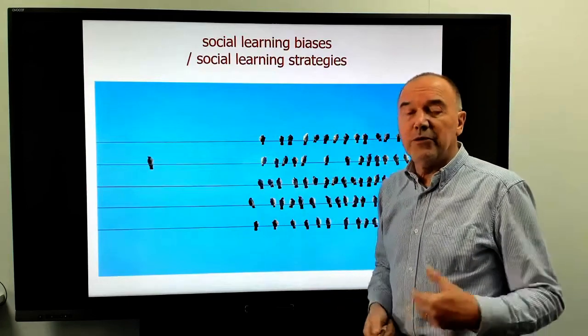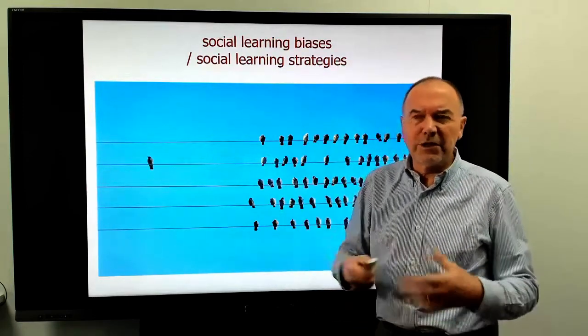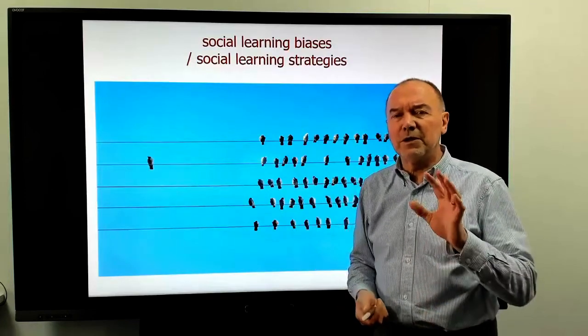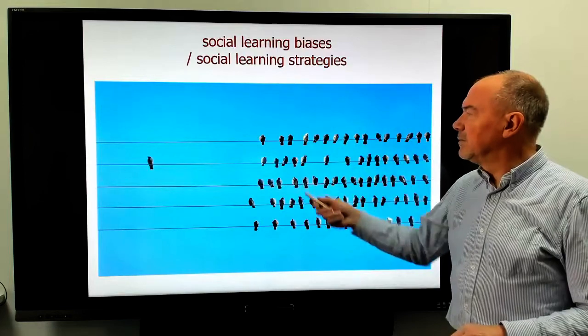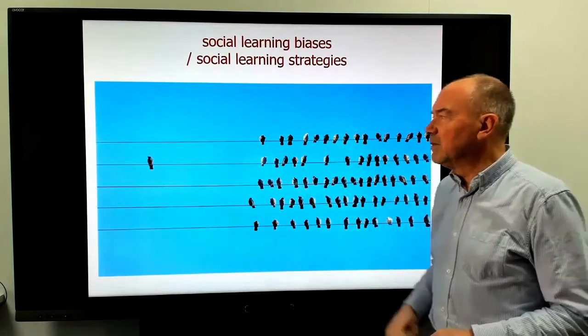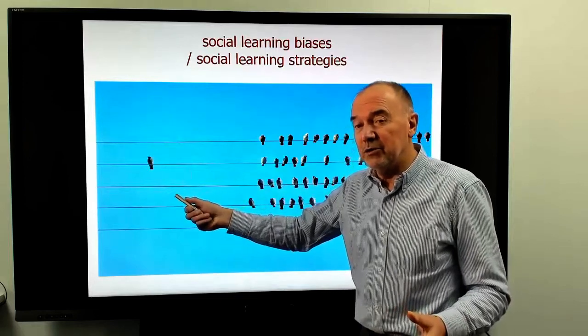For example, if you are going on holiday and you're going to the local village, you want to see which is the best restaurant to go to, and you notice that one is pretty much full, it's well populated. There's another one where that's not the case. Well, which one are you going to choose?